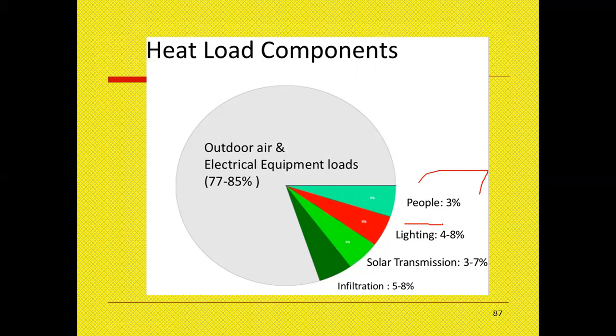Indoor lighting is 4 to 8%, solar transmission is 3 to 7%, and the infiltration process is 8%. Altogether, outdoor air and electric equipment together act as a 75% to 85% load component.